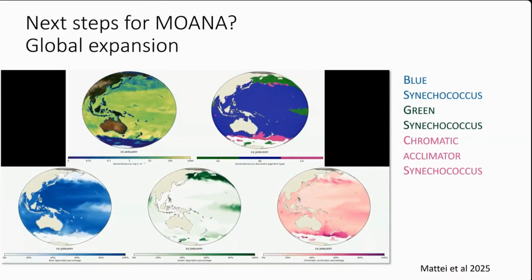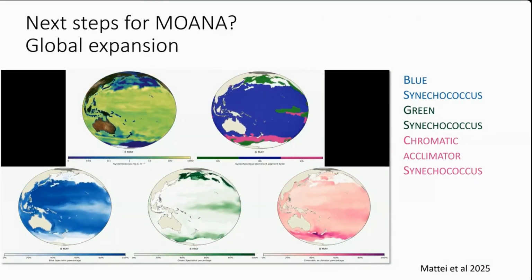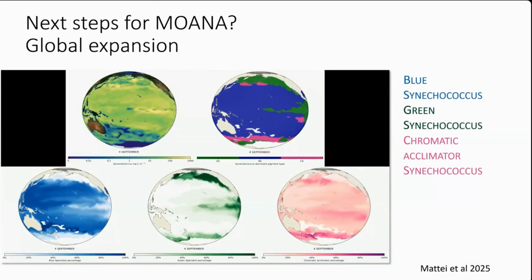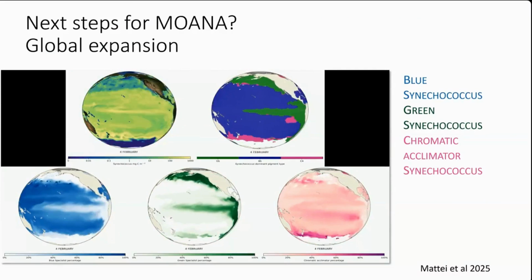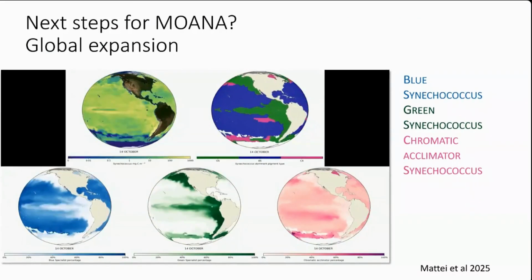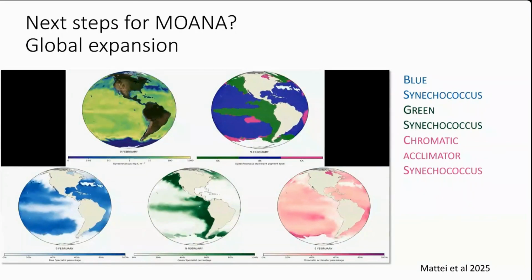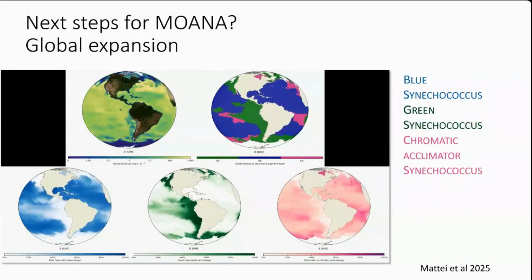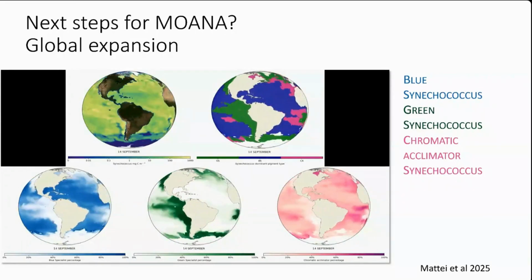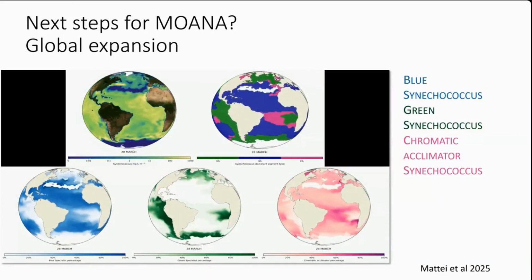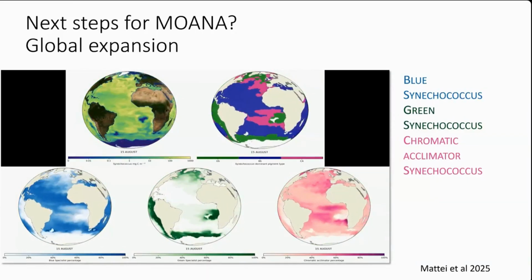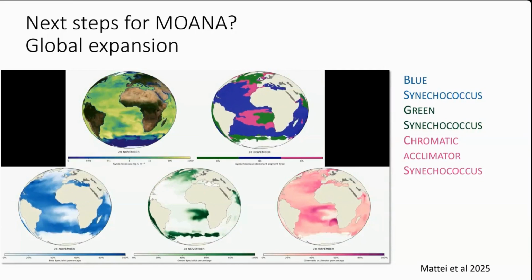Just recently, I was reading a really cool new paper from, I think, the Darwin model, looking at the distribution of 3 different ecotypes of Synechococcus. That led me to believe that the algorithm is capturing well the distribution of the blue Synechococcus, but really failing on the distribution of green Synechococcus, which is probably the data that I had from the Pacific.